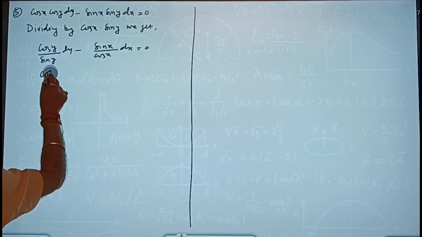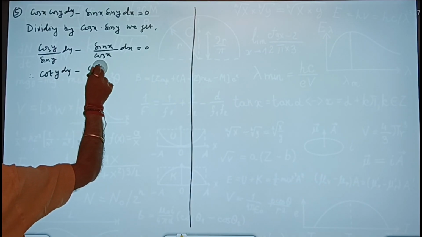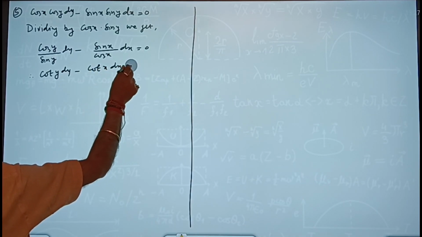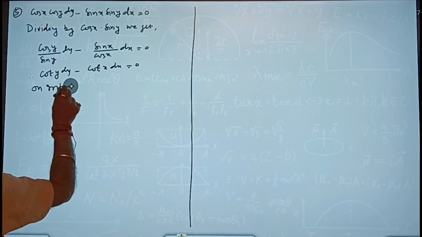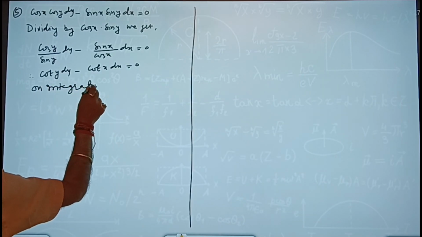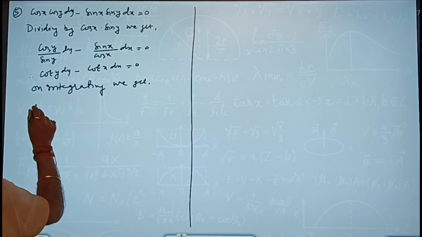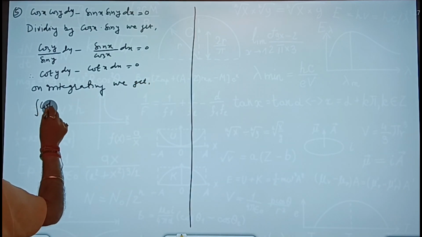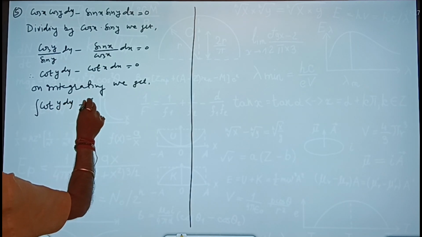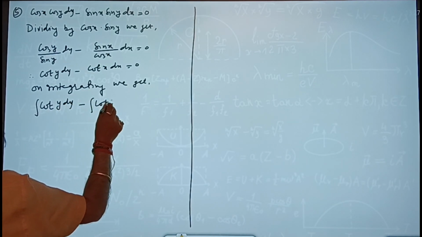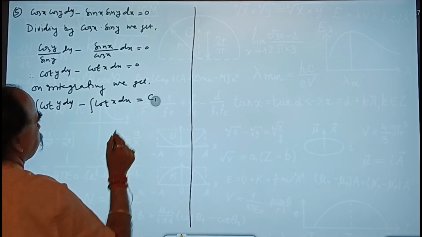This is cot y. On integrating we get integral cot y dy minus integral tan x dx is equal to c1.